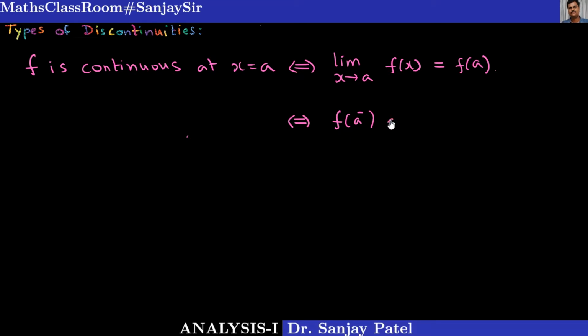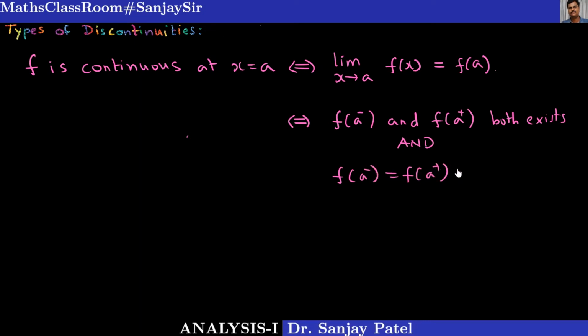So f of a minus and f of a plus both exist, and these values, left limit and right limit, and the value of the function all must be equal.